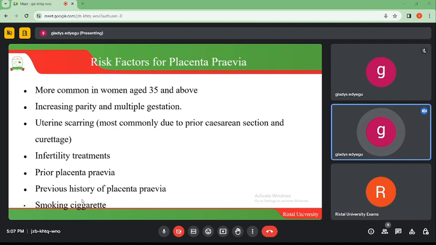Then infertility treatments sometimes can also predispose our mothers to placenta previa. Then prior placenta previa, as mentioned, gives a 5% chance of these mothers again getting placenta previa in pregnancy. Previous history of placenta previa is the same as prior placenta previa.